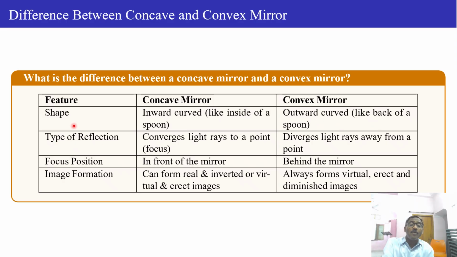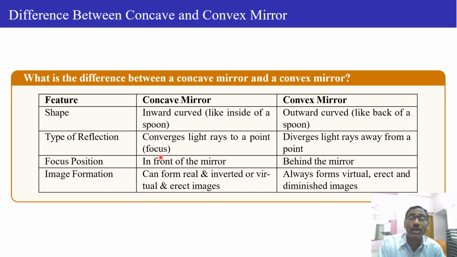Now the type of reflection. How does a concave mirror reflect? It converges light rays to a point, and that point is known as the focus. A convex mirror diverges light rays away from a point.